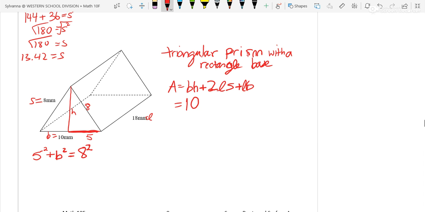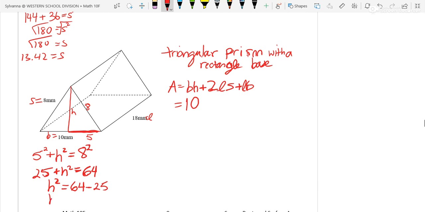Okay, I'm not going to use b actually, I'll use h because we're looking for the height. So this is 25 plus h squared equals 64. If I subtract both sides by 25, then I will be left with 64 minus 25 on one side and then just h squared on the other.